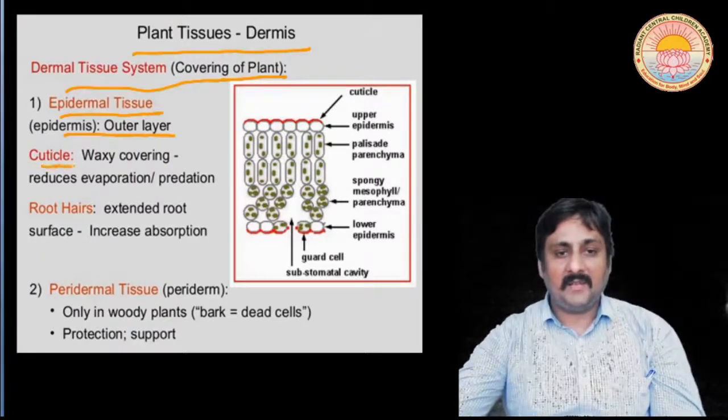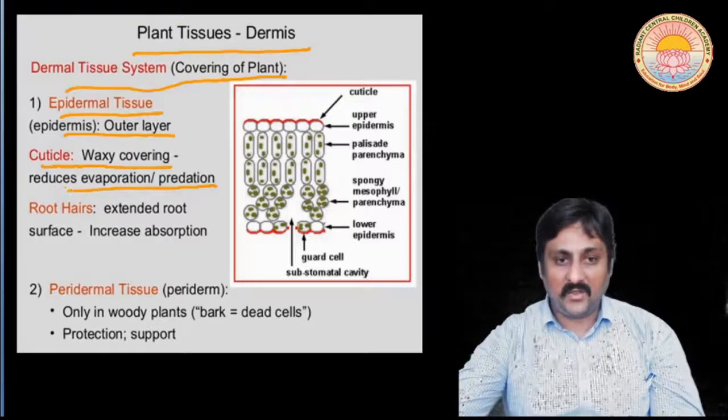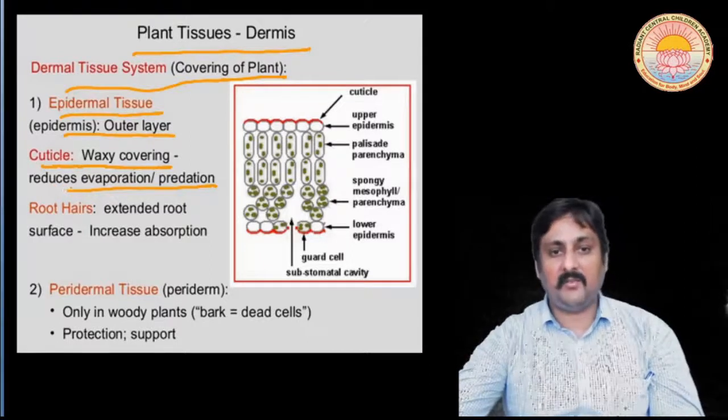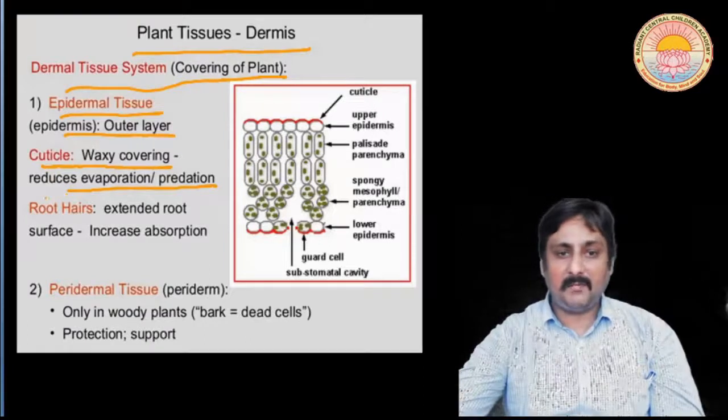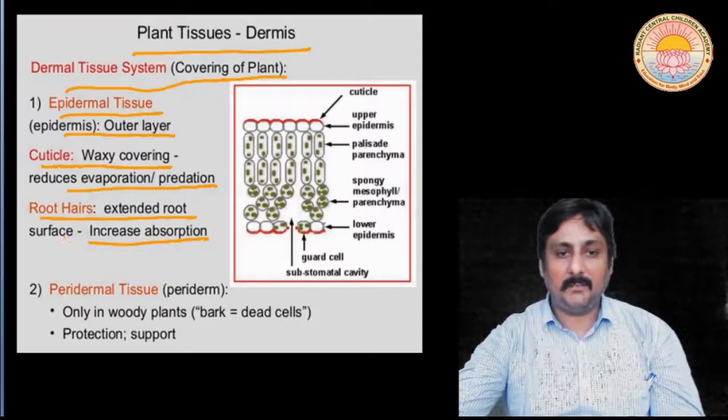Now the waxy layer or the cuticle covers the outer part of the epidermal cells and they are responsible for reducing transpiration, they reduce evaporation, and sometimes they protect the inner lying parts. Now in the hairs also you find the same covering, and root hairs are actually present on the epidermal cells. They are elongations of the epidermal cells and they increase the absorption.